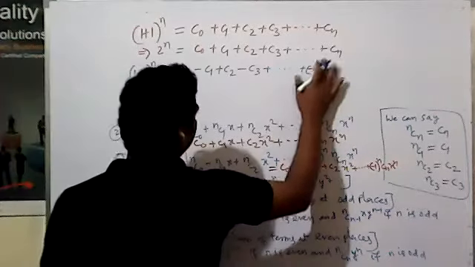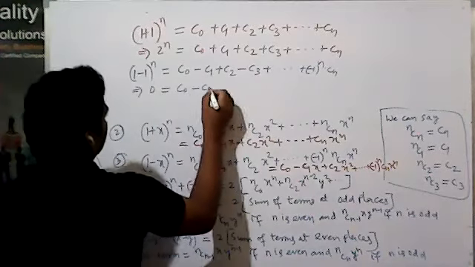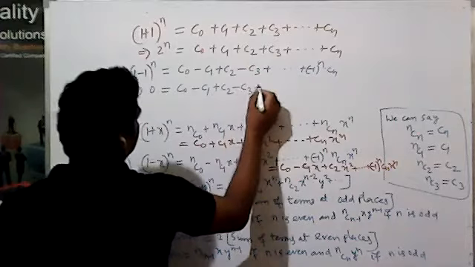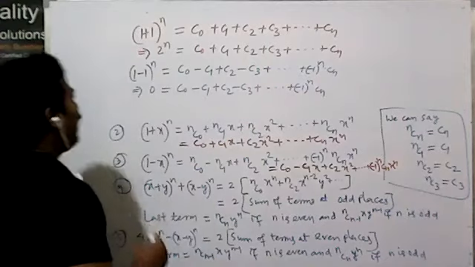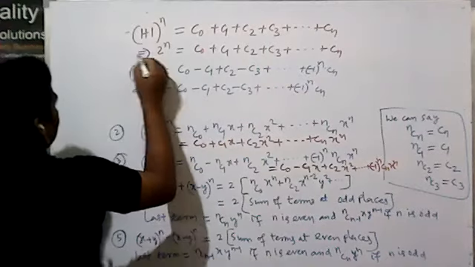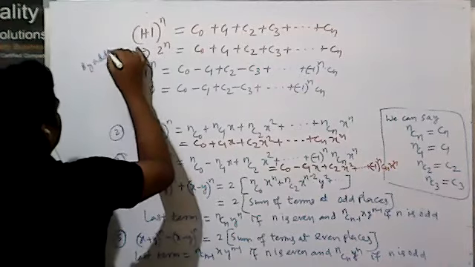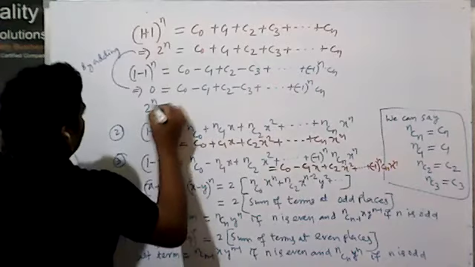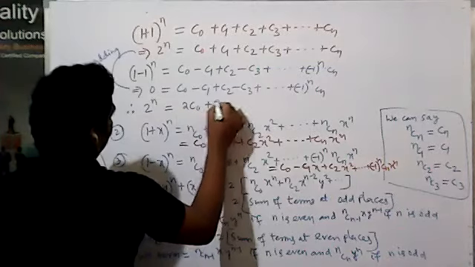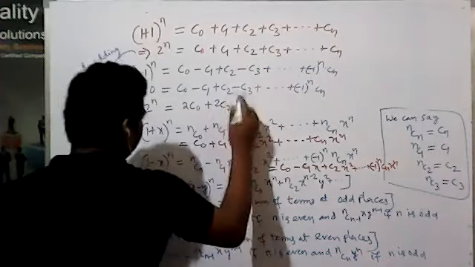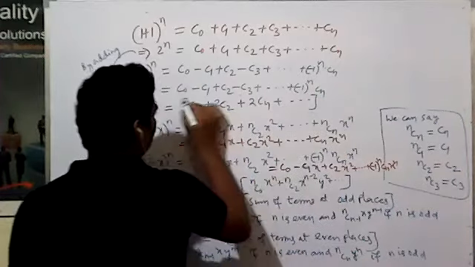That's why the value comes 0 is equal to C0, C1, C2, C3 dot dot dot minus 1 to the power n Cn. So by adding these two, it comes to 2 to the power n is equal to 2C0, 2C2, similarly 2C4 plus dot dot dot.